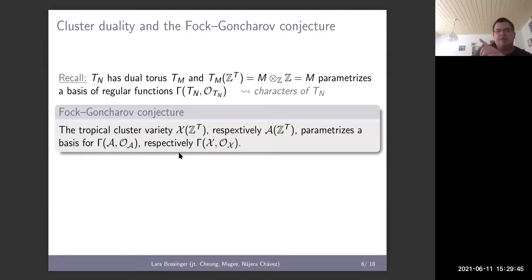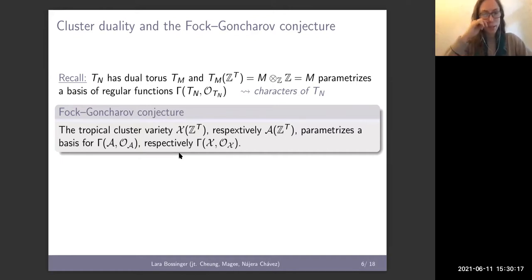Just to make sure, are the A and X varieties all known to be affine or not? No. The X varieties are actually relatively wild. Besides some very small examples, they're non-reduced schemes. The A varieties are a bit better behaved, and we will mostly see A varieties throughout this talk and the examples.